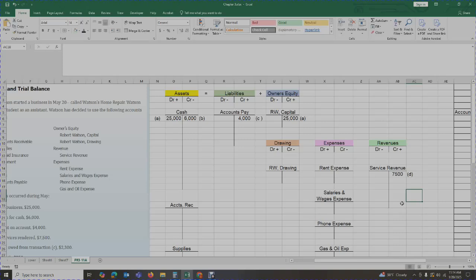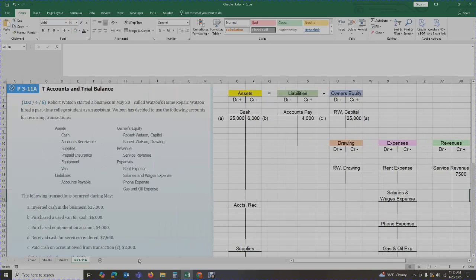Now, I provided a service. I credited at $7,500. How did I get paid for it? It says here you received cash. So when you receive cash, do you have more cash or less cash? Well, I don't know about you, but when I get cash, my cash goes up. So it increases. So that means that my cash is going to be debited.